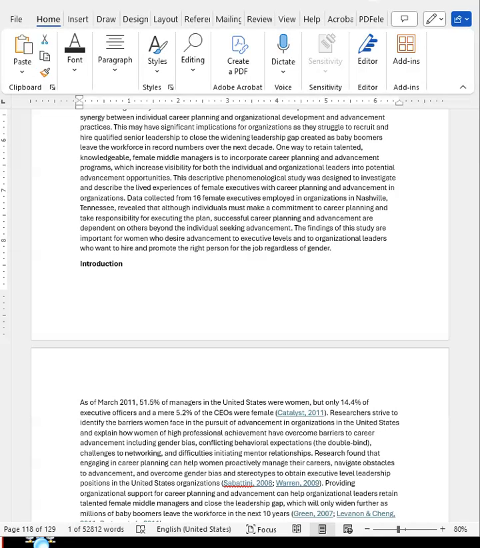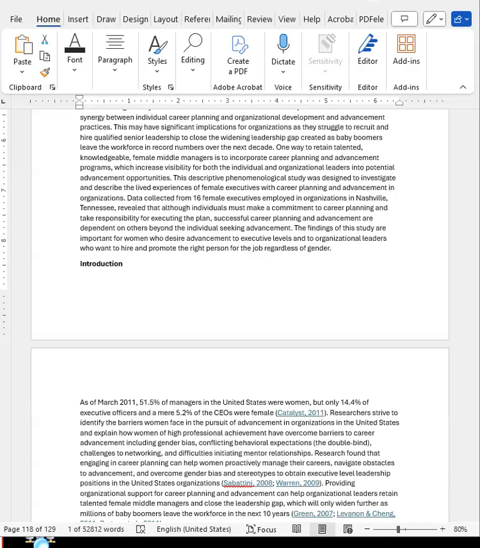Research found that engaging in career planning can help women proactively manage their careers, navigate obstacles to advancement, and overcome gender bias and stereotypes to obtain executive-level leadership positions in United States organizations. Sabatini, 2008, Warren, 2009.